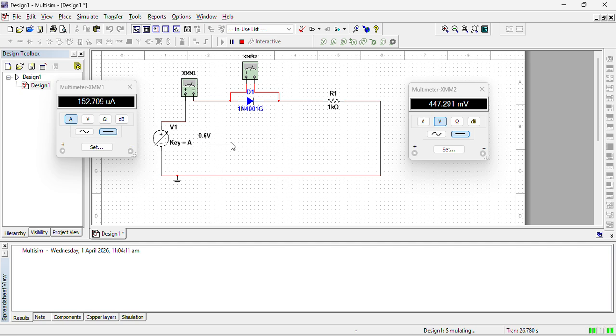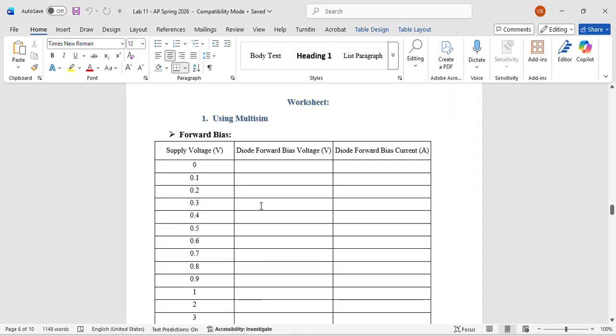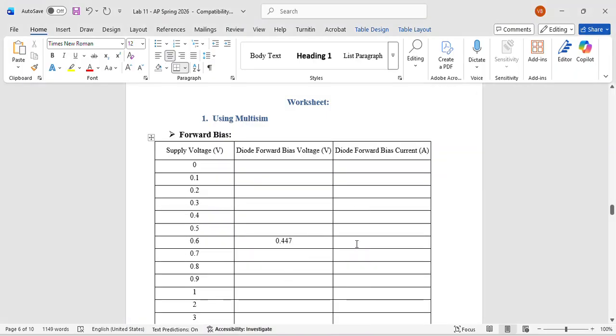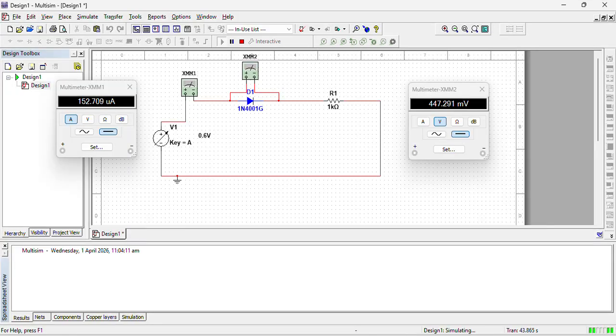What we have to do is note all these readings. So let's say at 0.6 volt, the voltage across the diode is 447 millivolt. We have to record it in the table. Suppose at 0.6 volt, the diode voltage is 0.447. Similarly, the current is 152 micro. Let's put all the currents in just amperes, so 0.000152, like this.